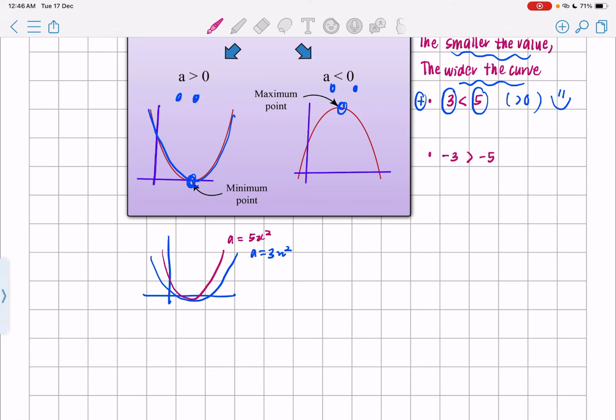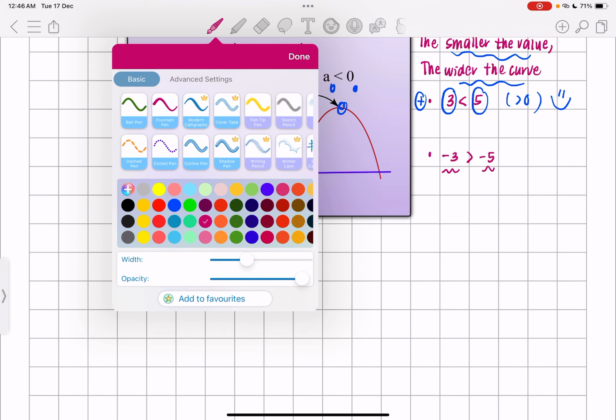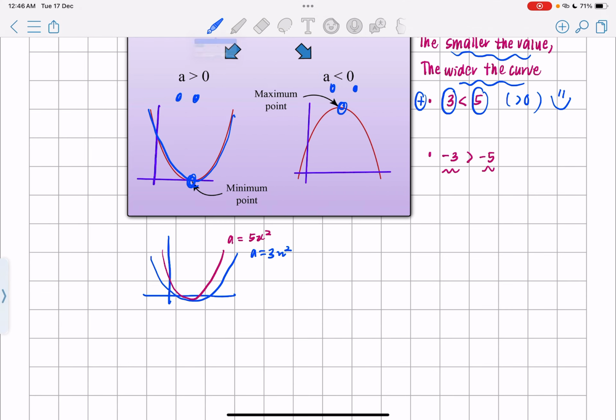Okay, let's say we have -3 and -5. What was the difference? Siapa lagi besar, siapa lagi kecil? So basically -3 is bigger than -5. So bila you nak draw, you're gonna have -3. It's sad because both are less than 0.